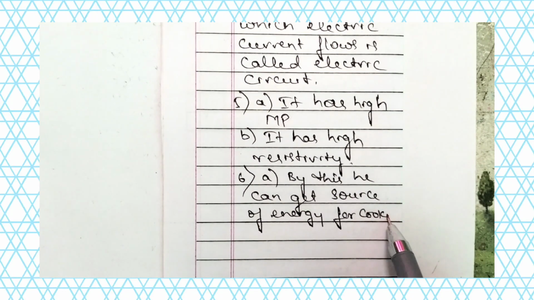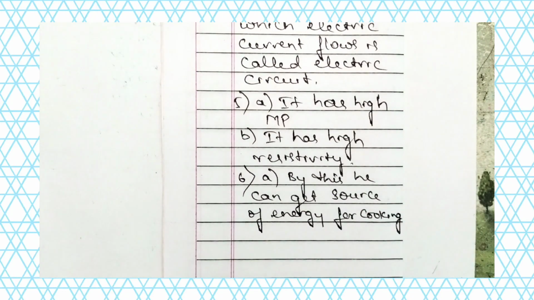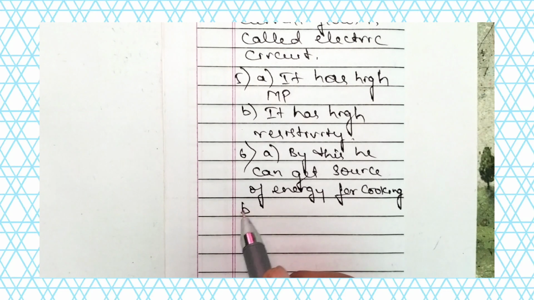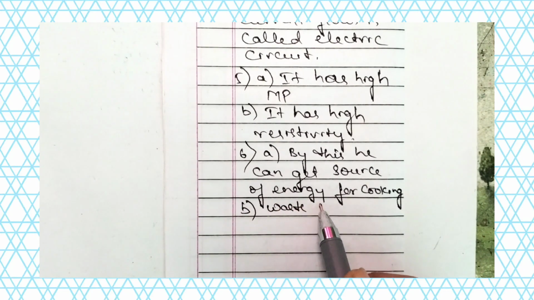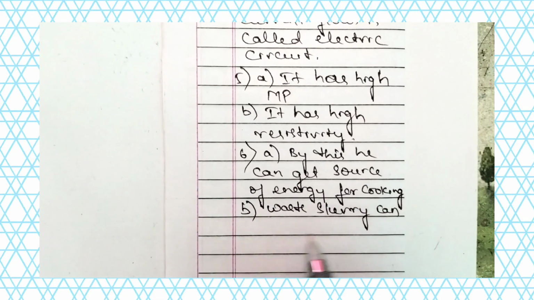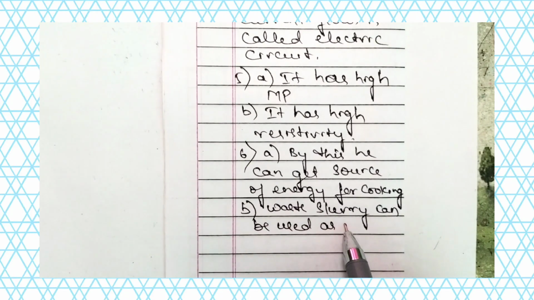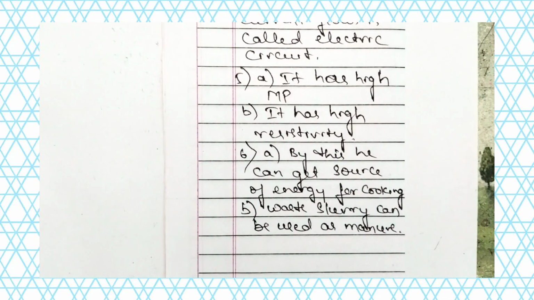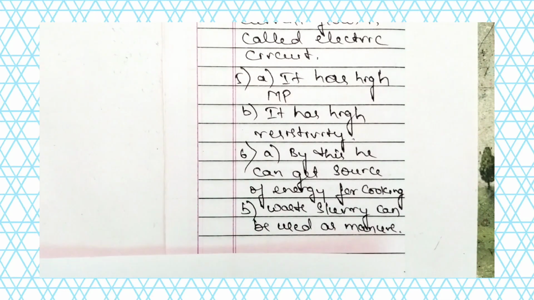So he gets a source of energy for cooking, that is one. The second one, waste or spent slurry can be used as manure, natural manure. So these are the 2 things that you can answer for this question, because it is only a 1 mark question.